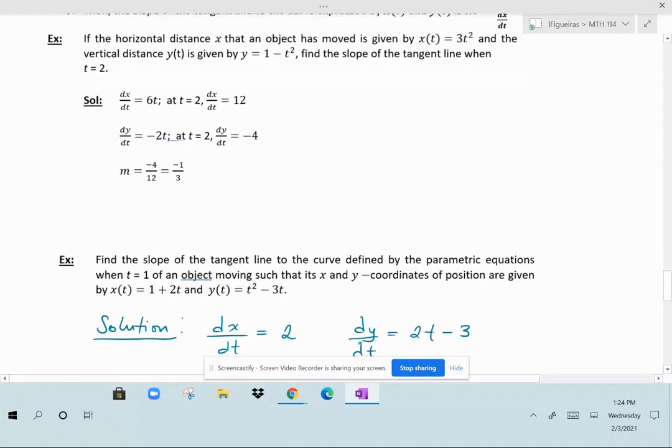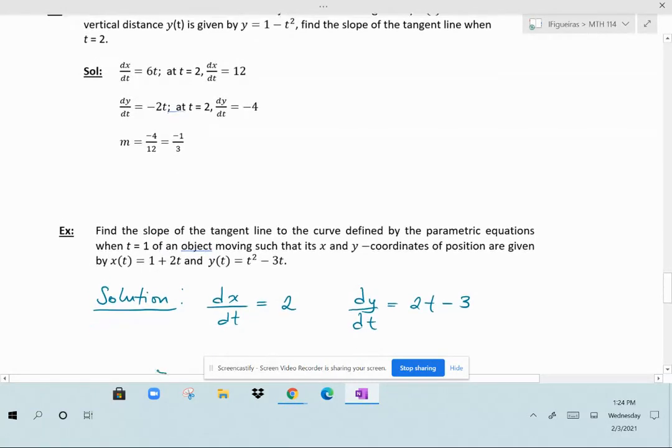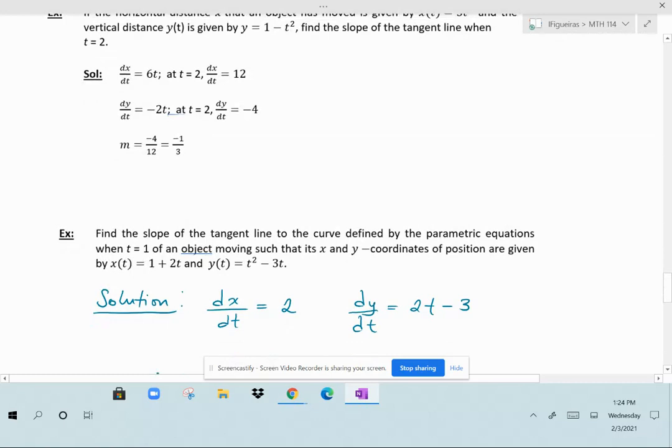Okay, here's another. Find the slope of the tangent line to the curve defined by the parametric equations when t is equal to 1 of an object moving such that its x and y coordinates of position are given by x of t is equal to 1 plus 2t and y of t is equal to t squared minus 3t.